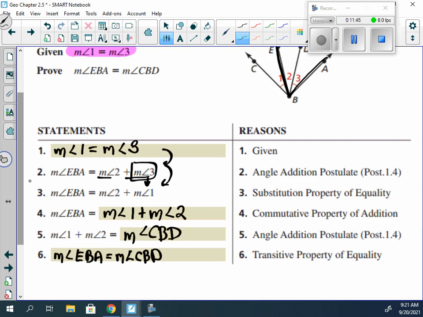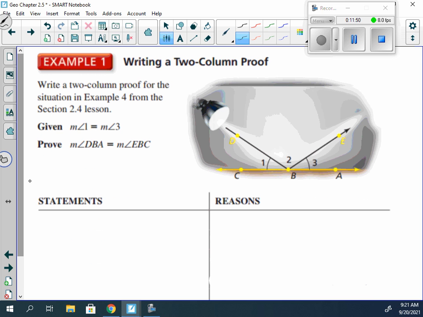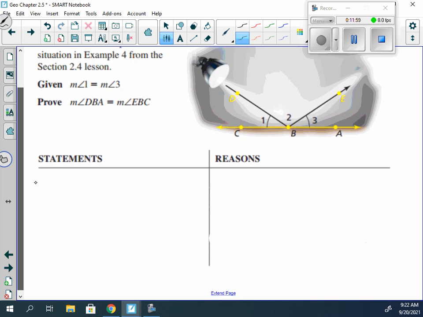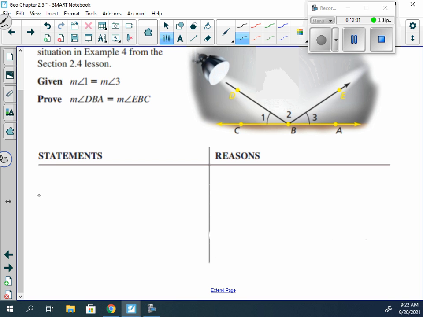Questions on this here? So, we're going to write this proof. Given the measure of angle 1 is equal to the measure of angle 3, prove that the measure of angle DBA is equal to the measure of angle EBC.